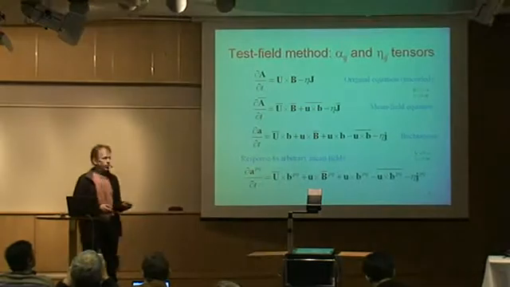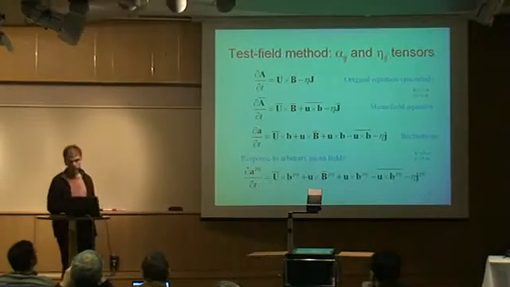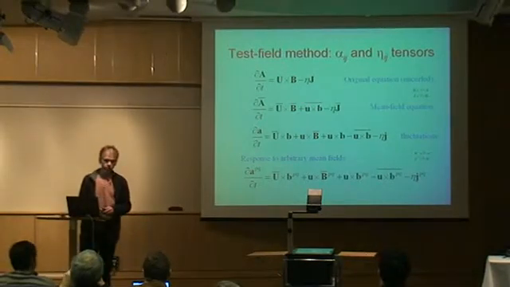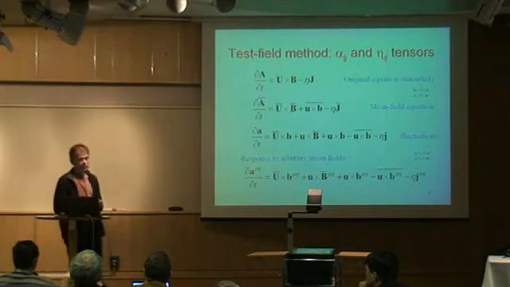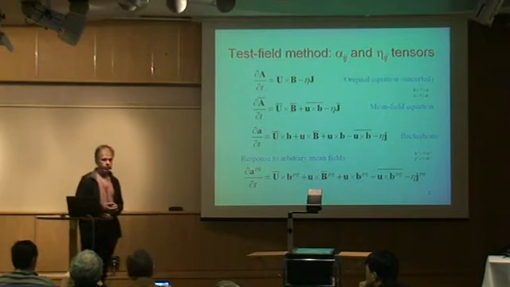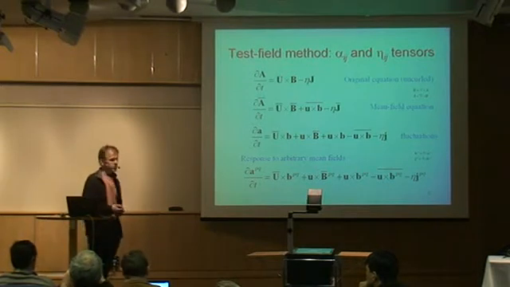The test field method, remember, can be applied to systems like the induction equation, passive scalar transport, and even the momentum equation. Even though the momentum equation is nonlinear, how to deal with those cases we heard from Matthias Reinhardt the other day.